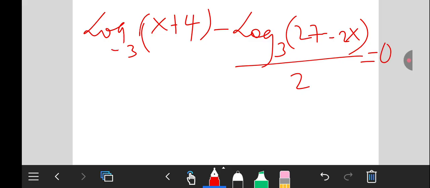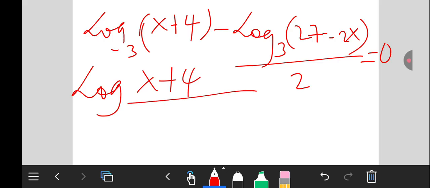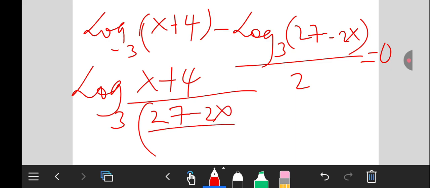So we can now use the law of subtraction. So we're going to have log x plus 4 base 3 dividing by 27 minus 2x over 2.